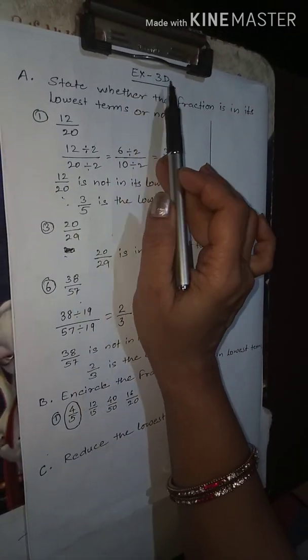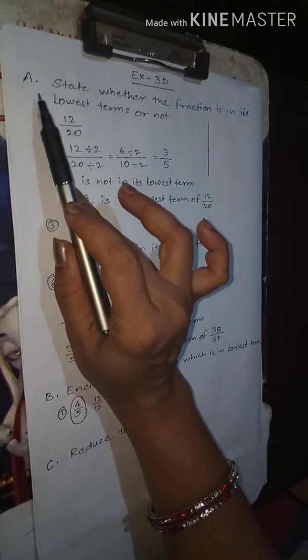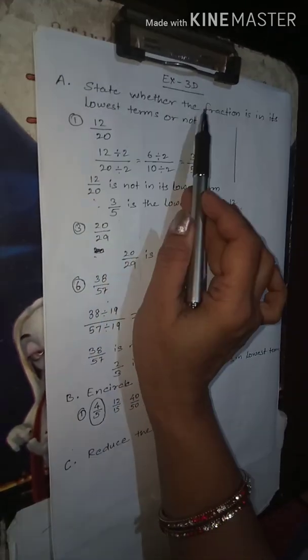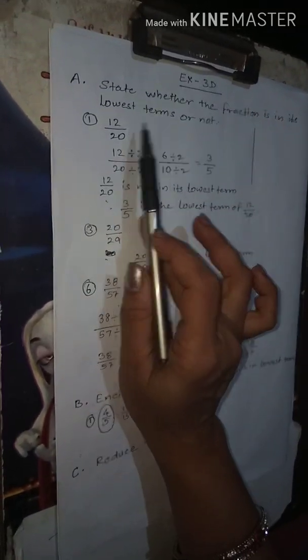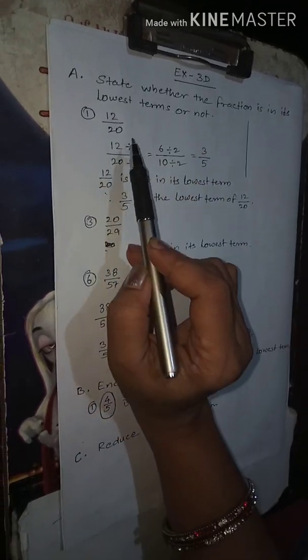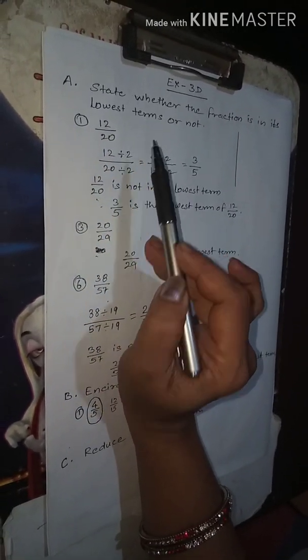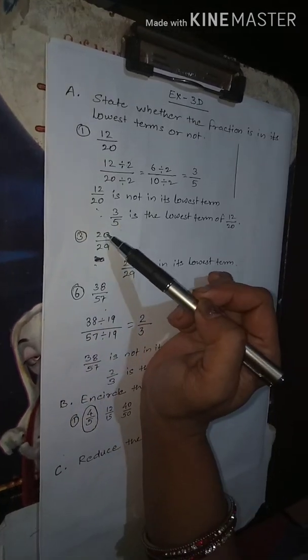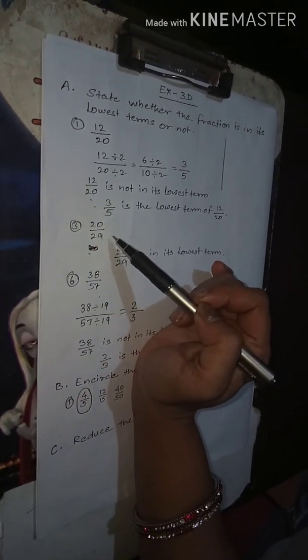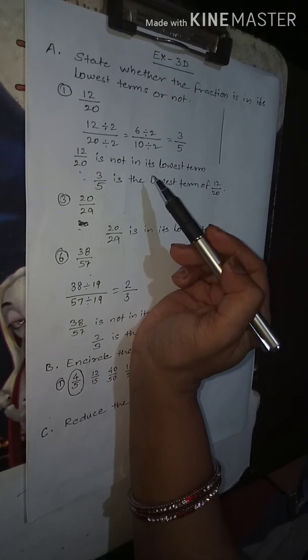Now come to the exercise 3D. Here question number A. State whether the fraction is in its lowest term or not. If the fraction can be reduced, then it is not in lowest term. If the fraction cannot be reduced, then it is in lowest term.